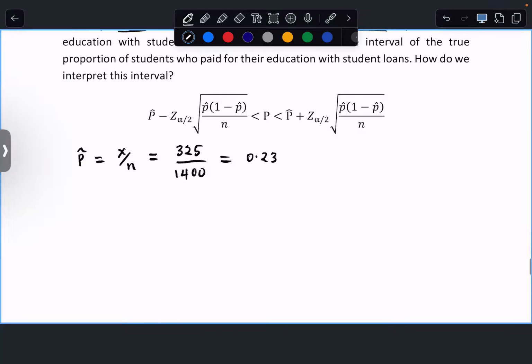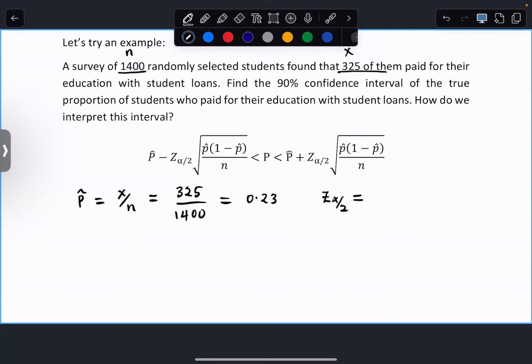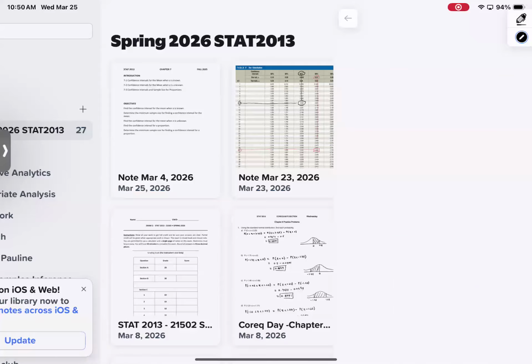For the confidence interval, we need to find our z alpha on 2. How do we find z alpha on 2? We are finding a 90% confidence interval, which means that our alpha is 10%, or 0.1, divided by 2, we get 0.05.